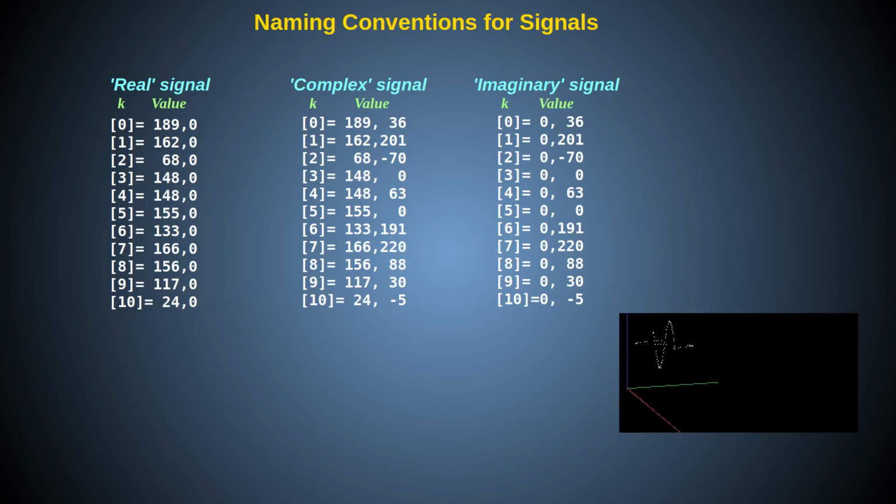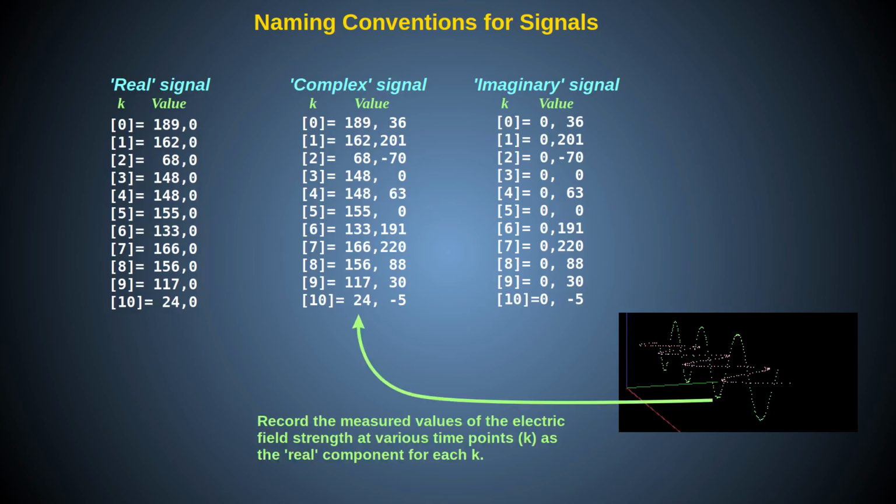Complex signals can be recorded in practice in the real world. For example, consider an electromagnetic wave coming from a source. It might be a much more complicated waveform than is shown in this figure. If you can record or calculate a value for the electric field strength of an EM wave at various points in time, you can record those values as the real component of a recorded signal.